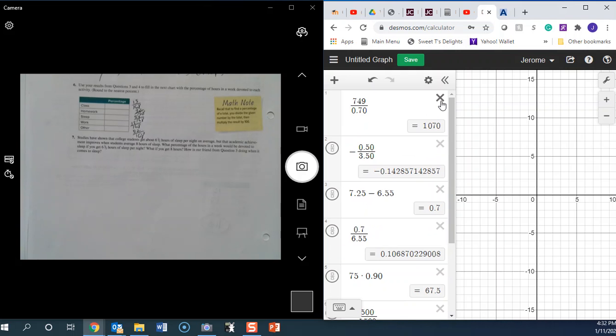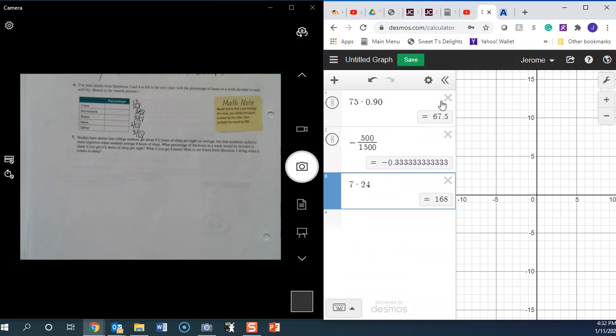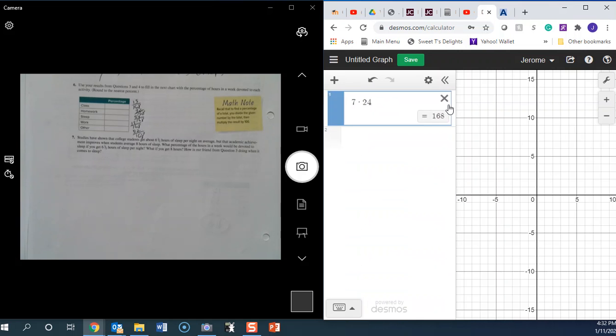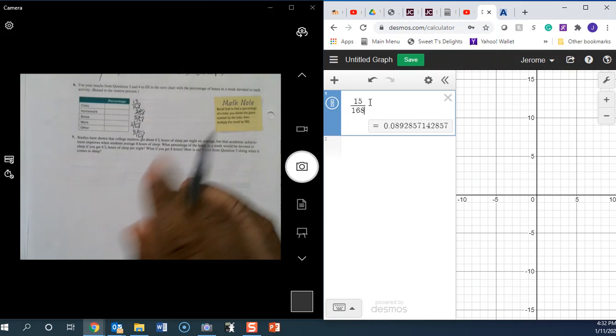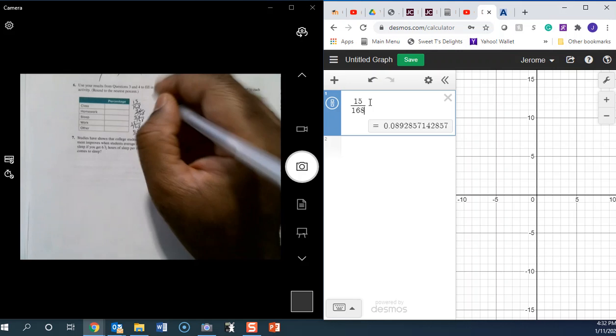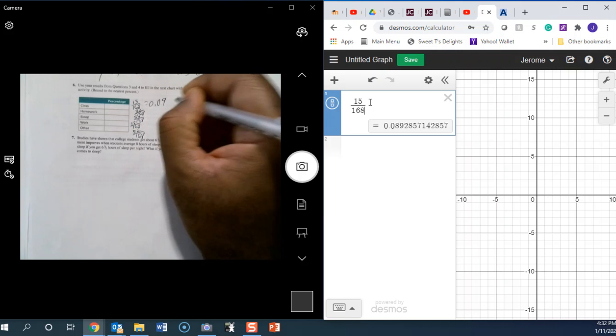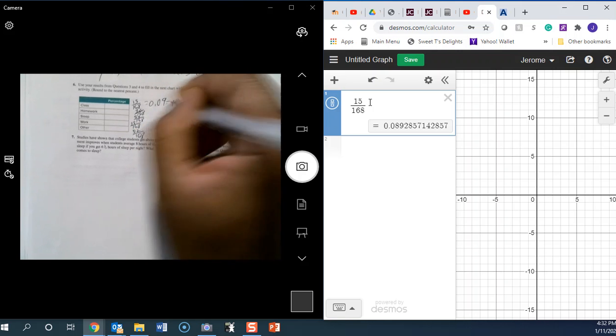So that would mean that we should not have any decimals in our final answer for percent. So we would take 15 divided by 168. We'll round that to 2 decimal places. So that'll be 0.09, which is 9%.